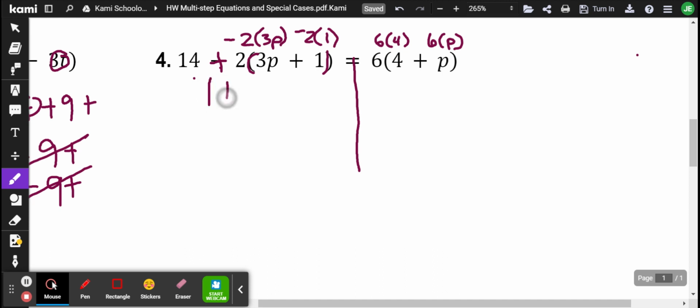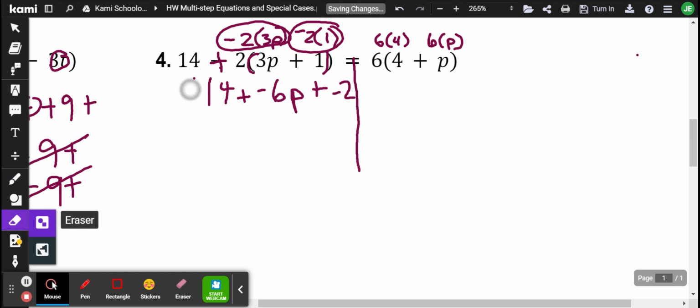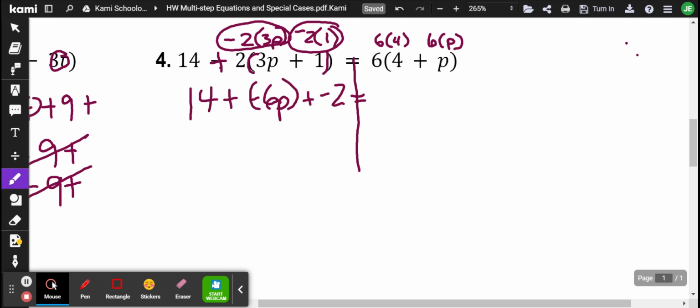So now we have 14, and negative 2 times 3p is going to give us negative 6p, plus negative 2 times 1 is going to be a negative 2. Now 6 times 4 is going to be 24 plus 6 times p, which is going to give us 6p.